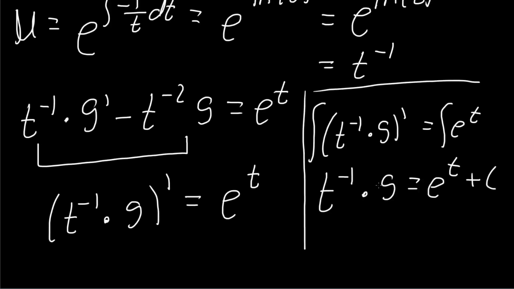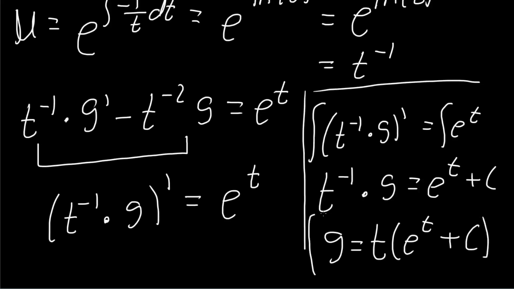And so just to get g, we divide by t raised to negative 1. So g is equal to t times (e raised to t plus c). And this is our value of g, and that's all we need to do.